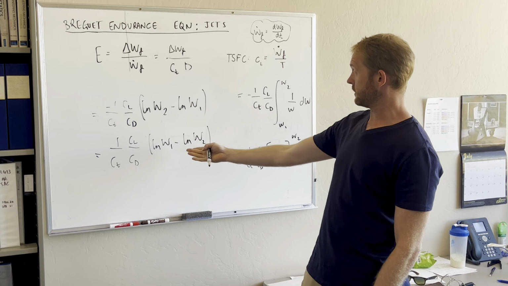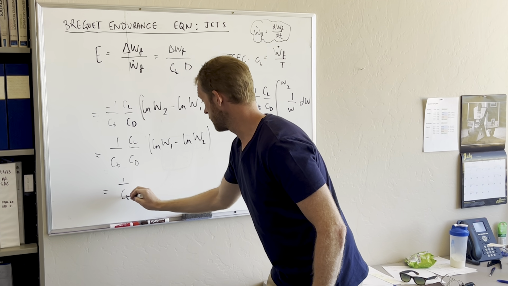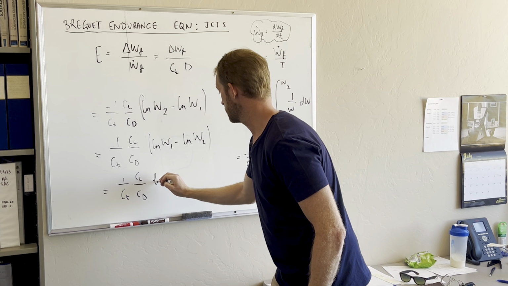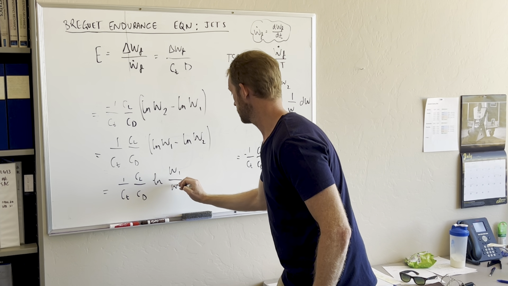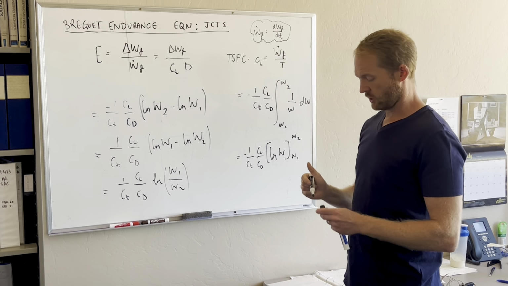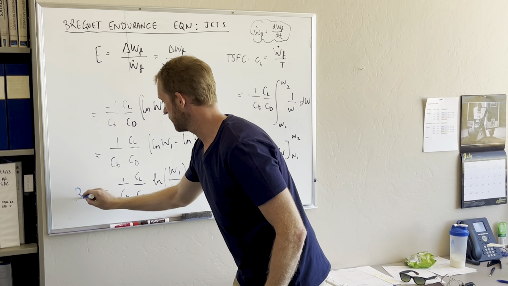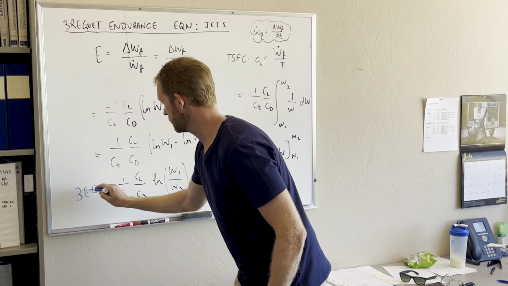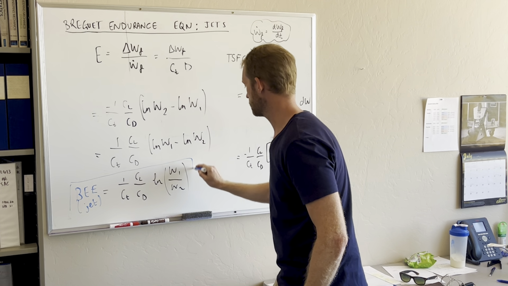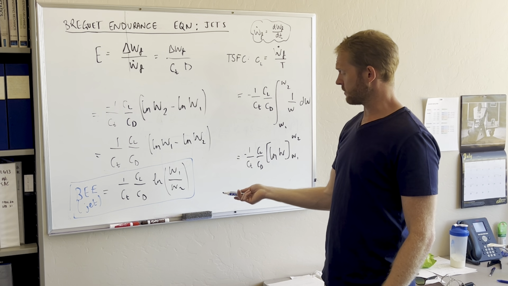And then using the law of natural logarithms, I can do like that, right? So this is the Breguet endurance equation for a jet-powered airplane specifically. Quite a straightforward equation, right?